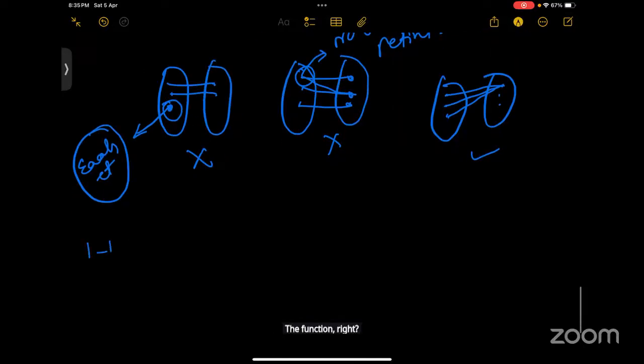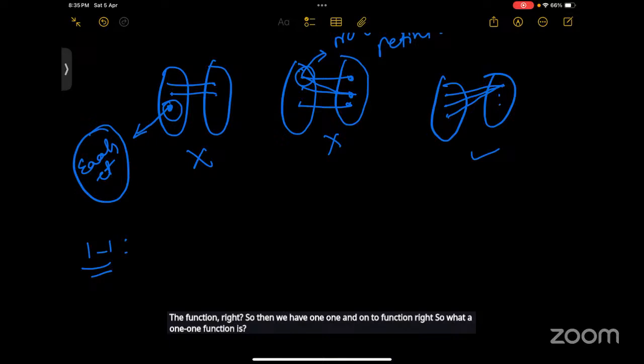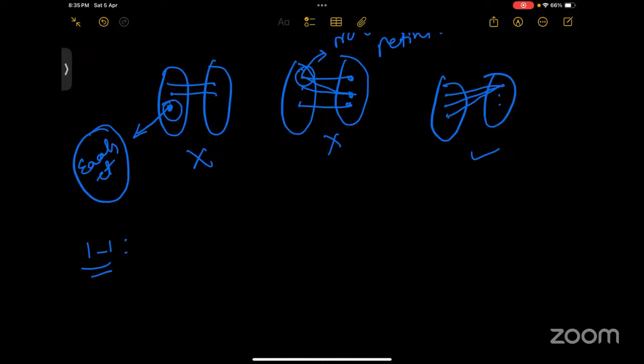So then we have one-one and onto functions, right? So what is a one-one function? For each element in the domain there should be a unique image.